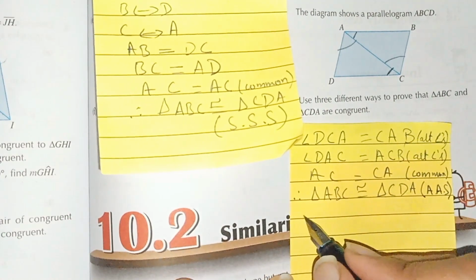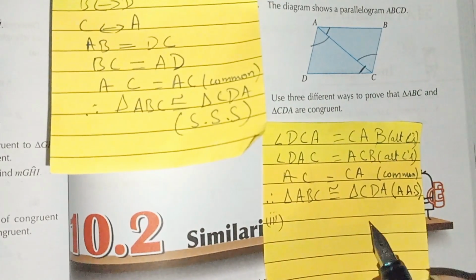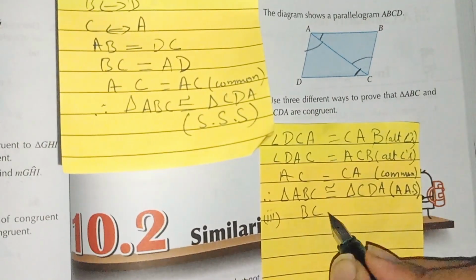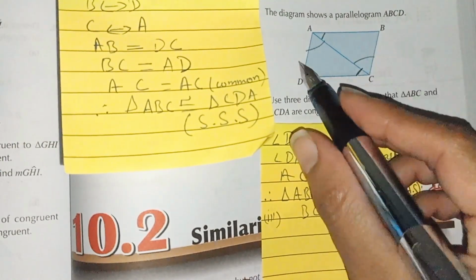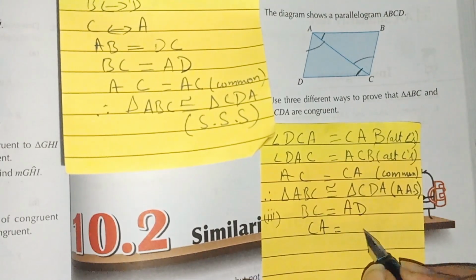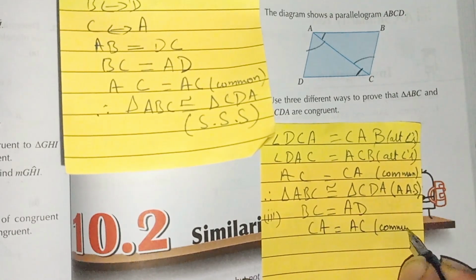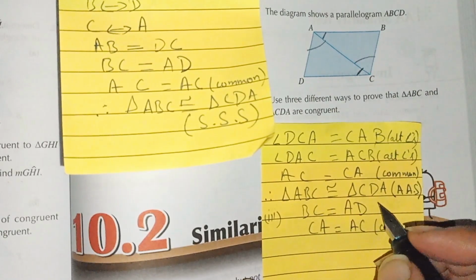And this is the third way. In the third way, we can write that line BC is equal to line AD, that both lines are equal, and CA is equal to AC, that is common, and that one angle is alternate angle.